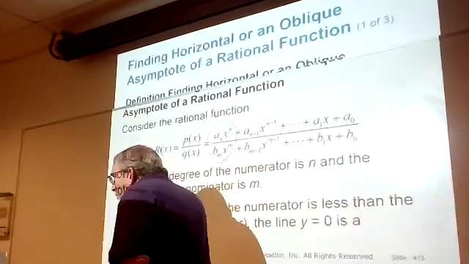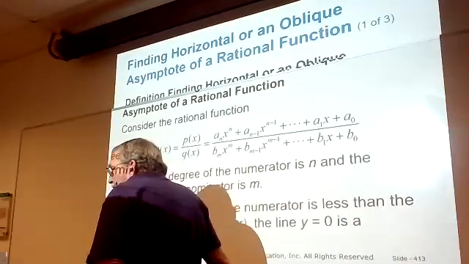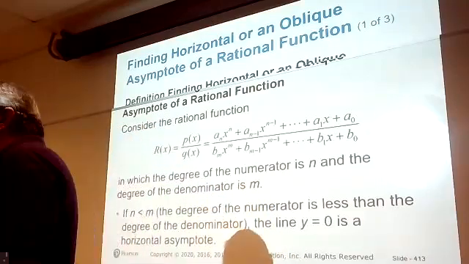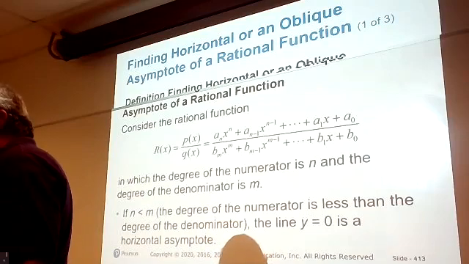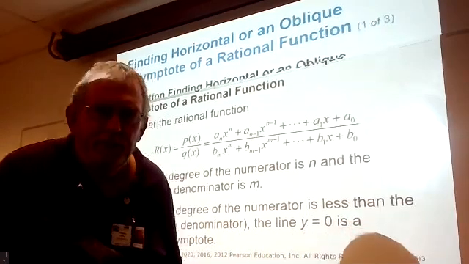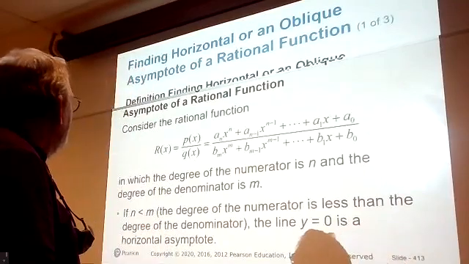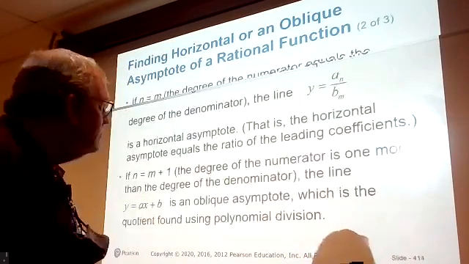Now, if they're equal, like on a couple of those, it was x squared in the numerator and x squared in the denominator, and the horizontal asymptote was y equals 1.